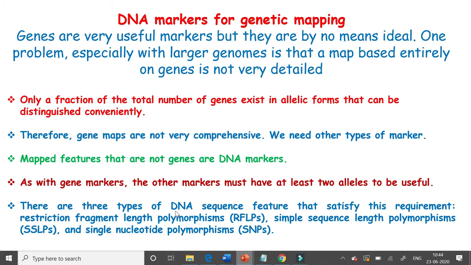For this, the DNA markers which were used were restriction fragment length polymorphism, RFLPs, simple sequence length polymorphism, SSLPs, and single nucleotide polymorphism. So initial framework maps were based on genetic markers, then high density marker maps with a suitably high density were developed. Now to build framework maps, clone maps were essentially required.